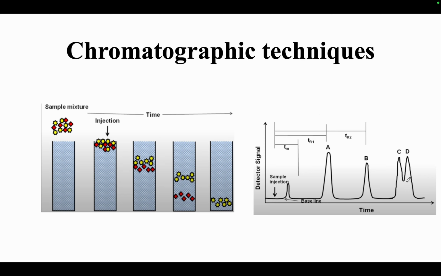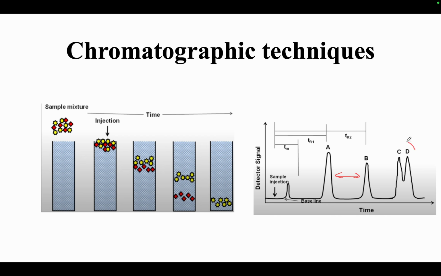So here A and B are well separated from each other. That means they have a difference in the KD value. The difference between A and B is high, that's why they are very nicely separated, and we get very well resolved peaks.